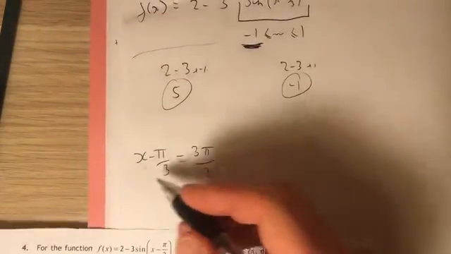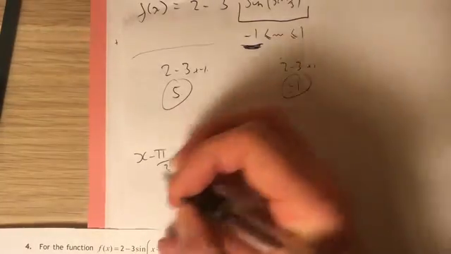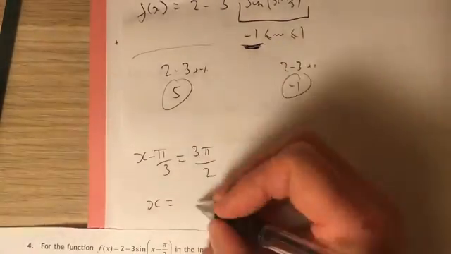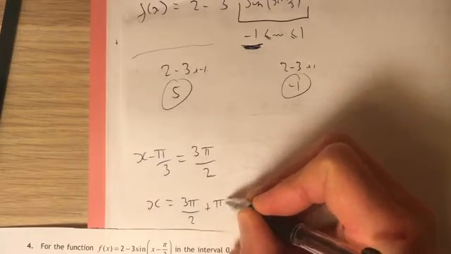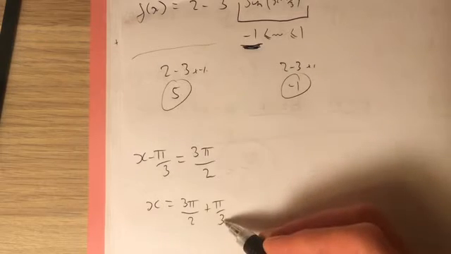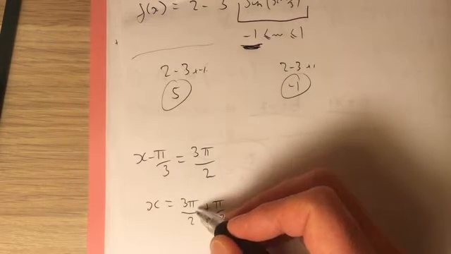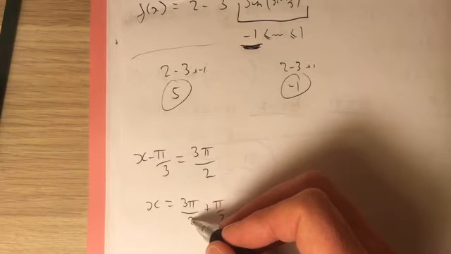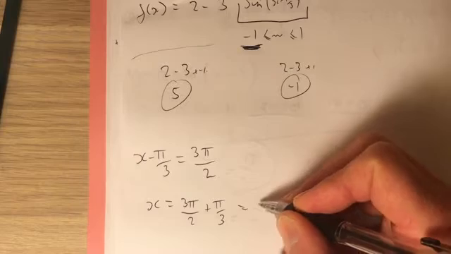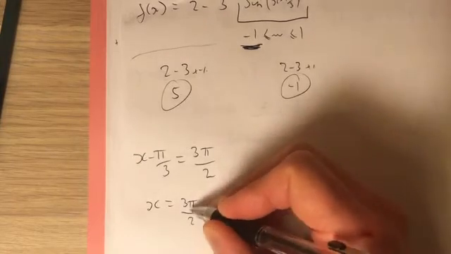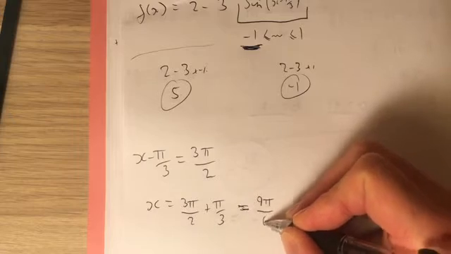The easiest thing to do is probably to, well, let's just add that both sides. Let's do x equals 3 pi over 2 plus pi over 3. Adding fractions, looking for a common denominator. So what's going to happen is I want to get these both out of 6. So to get this out of 6, I'm timesing top and bottom by 3. So it's 9 pi over 6.